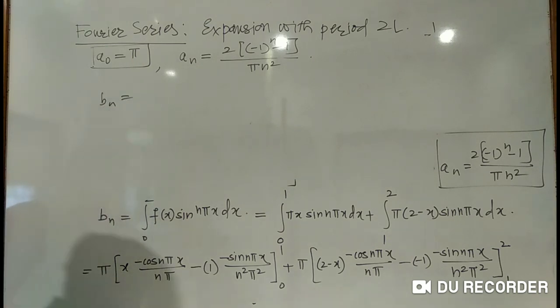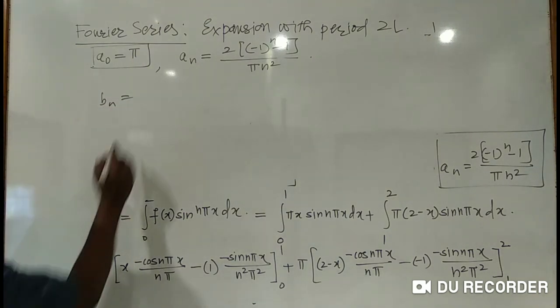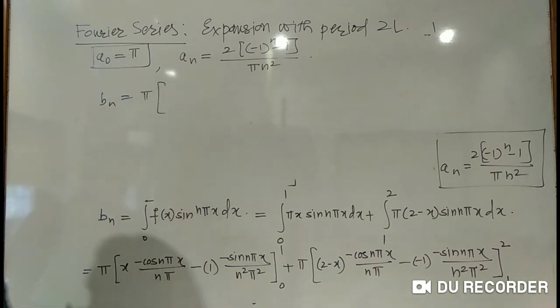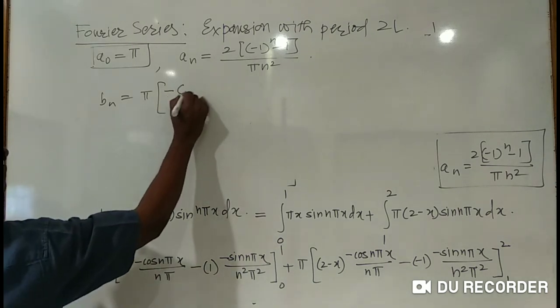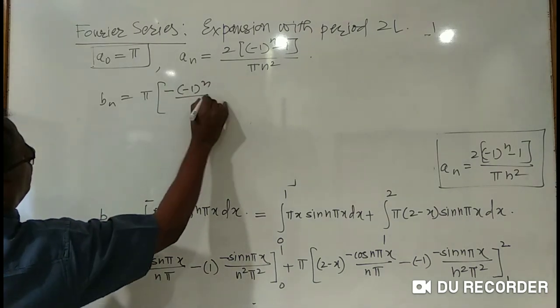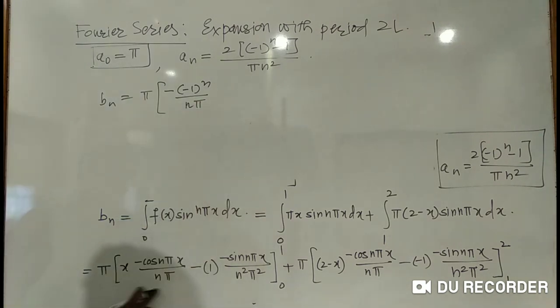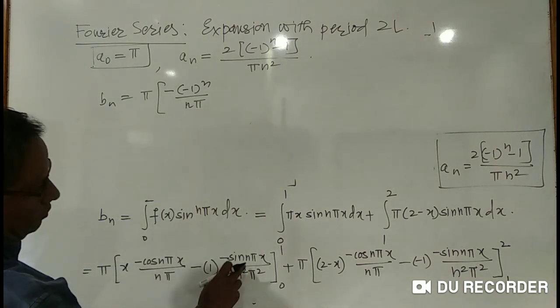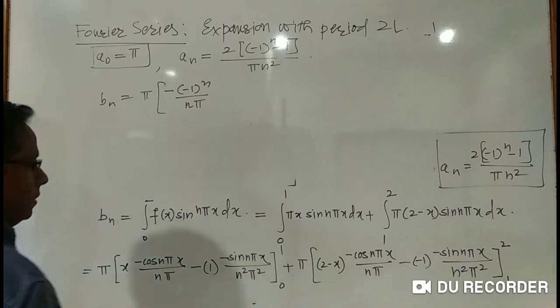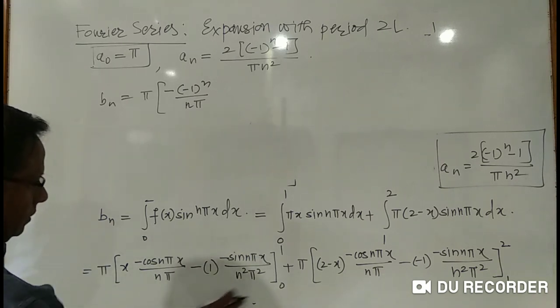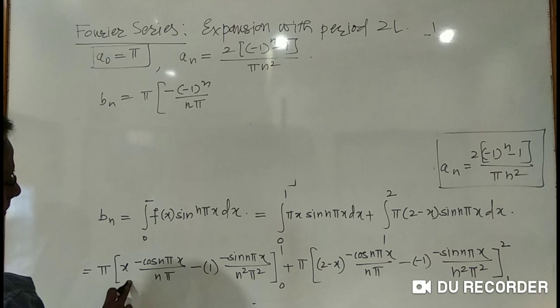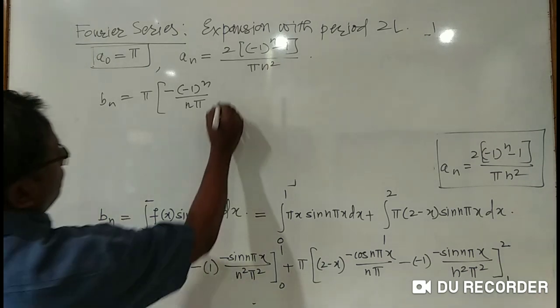Now continuing finding this value of bn. So if you simplify, this is pi. When you put upper limit 1, cos of n pi is minus 1 raised to n, minus of minus 1 raised to n upon n pi. When you put x equals 1, sin n pi becomes 0, so that whole limit becomes 0. When you put x equals 0, sin of 0 is 0, so the lower limit is 0.